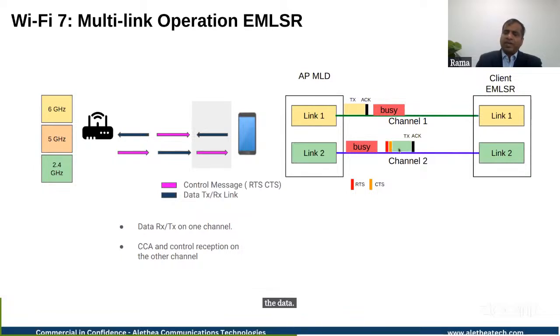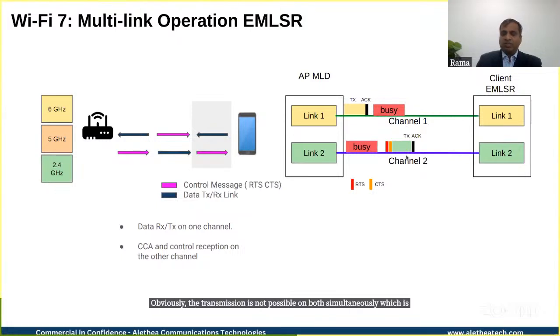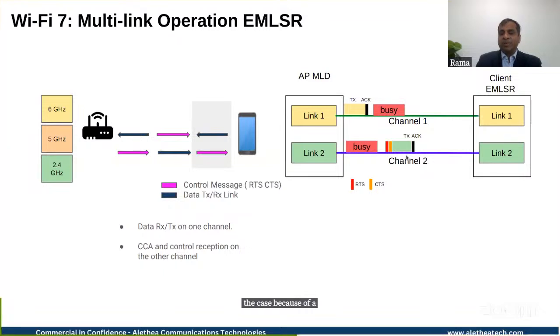So if we compare with the MLMR STR case, there is this additional signaling that is needed in EMLSR case to switch the channel. Obviously, the transmission is not possible on both simultaneously, which is the case because of a secondary radio being available with MLMR STR.